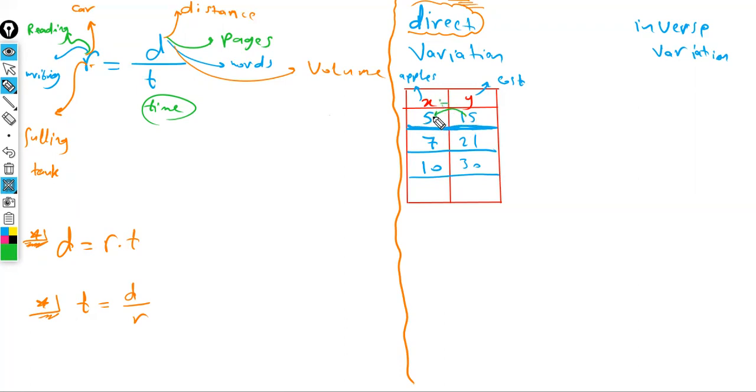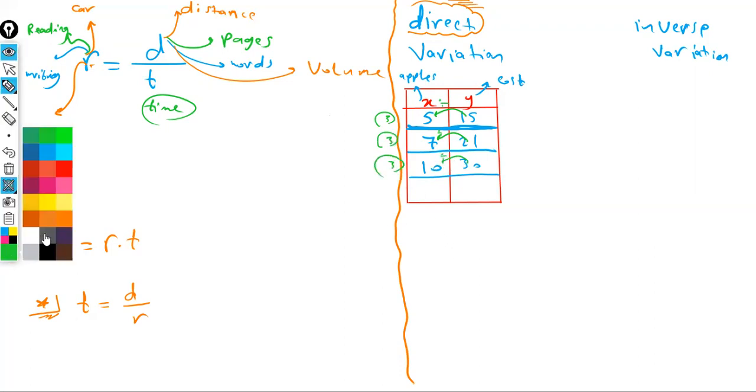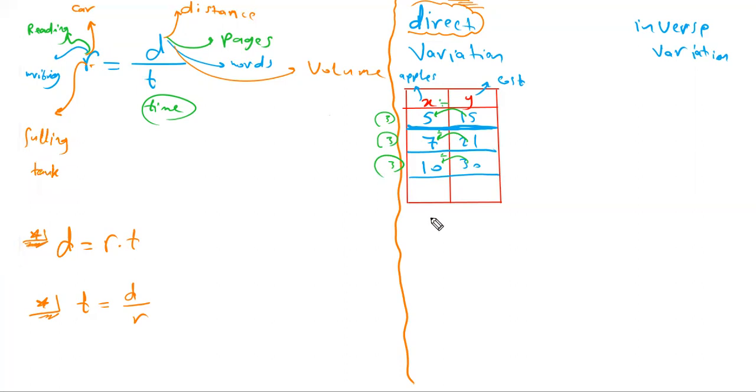15 divided by 5, it is 3. 21 divided by 7, 3. 30 divided by 10, 3. So we can say that the equation of direct variation is y over x equal a constant number.